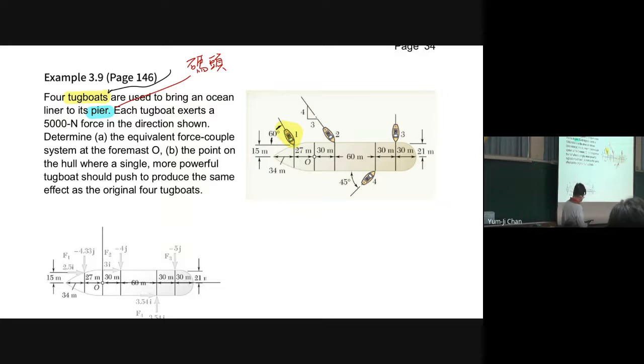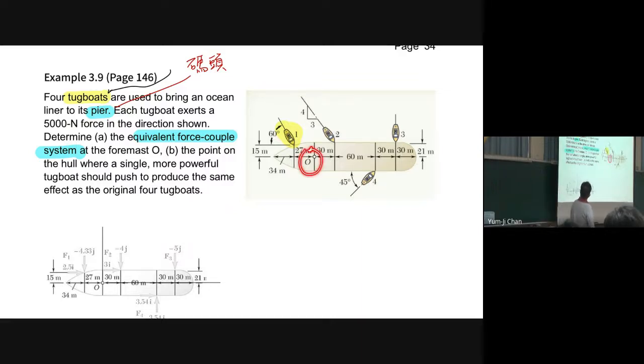Now, determine the following. First, the equivalent force couple system at point O here. Point O is here.